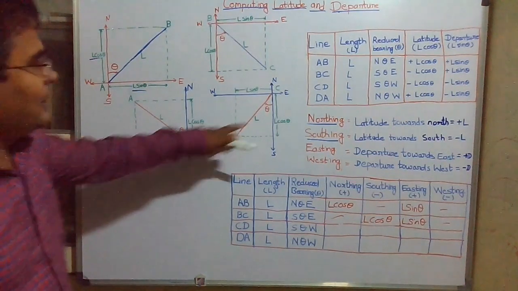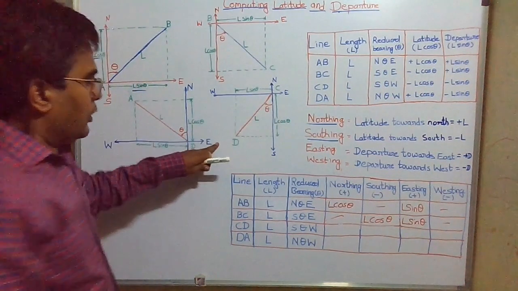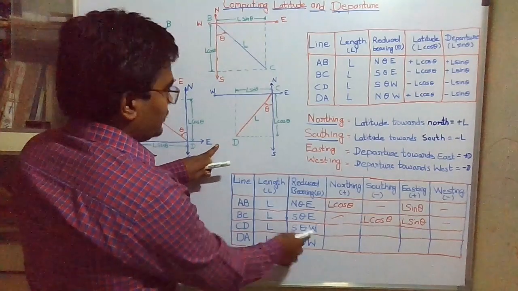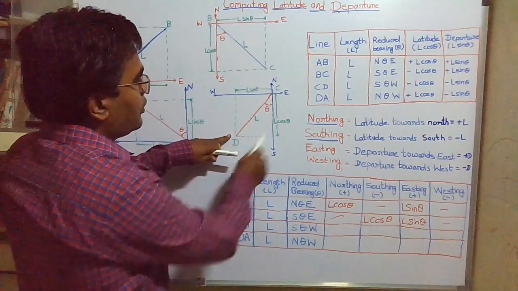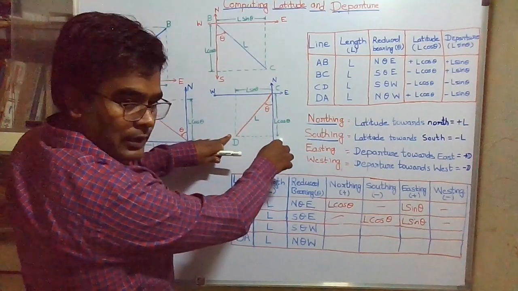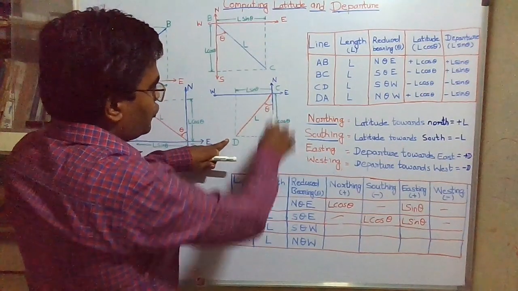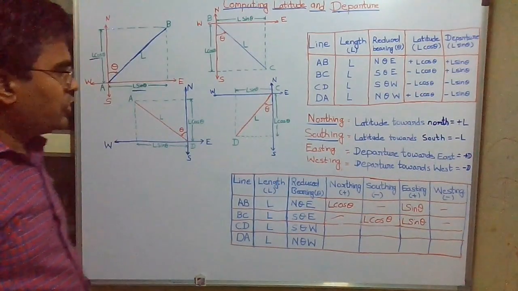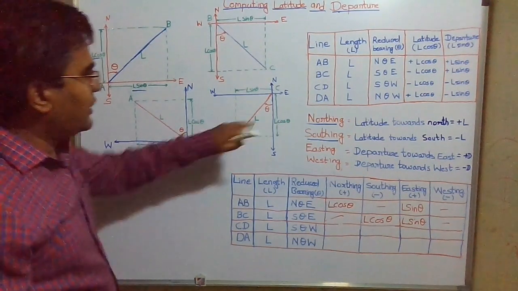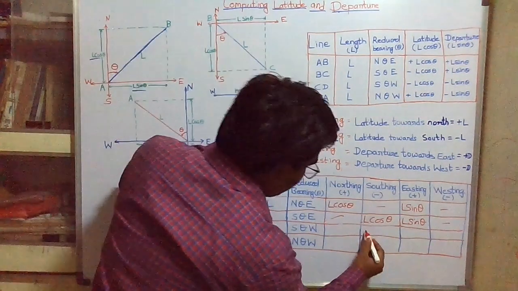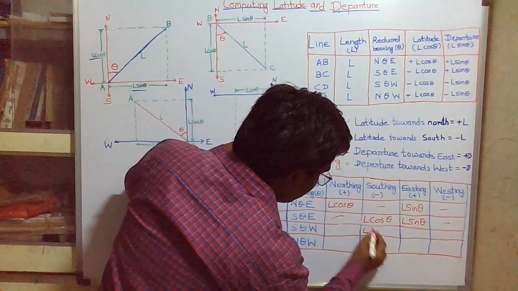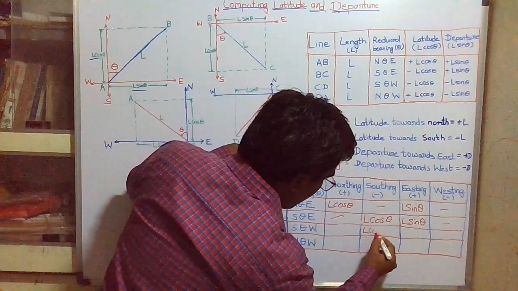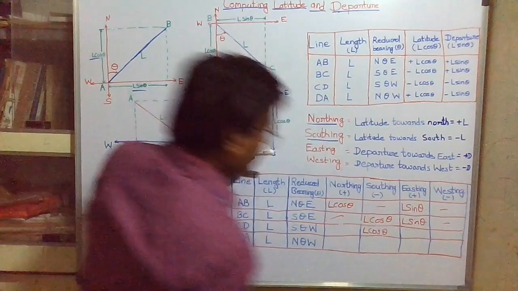Let us consider the next line, line CD, where the reduced bearing is south theta west, which means it is in the southwest quadrant. The latitude of this line is along south, so it is southing. We write the latitude in the southing column as L cos theta.